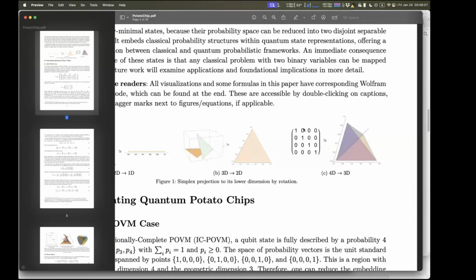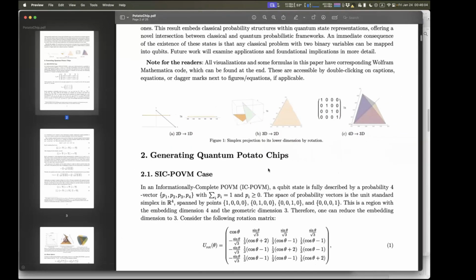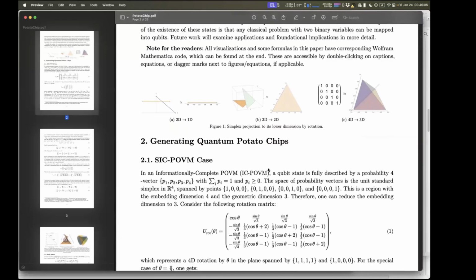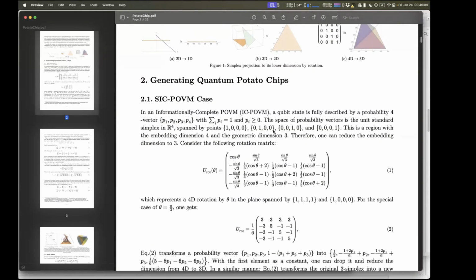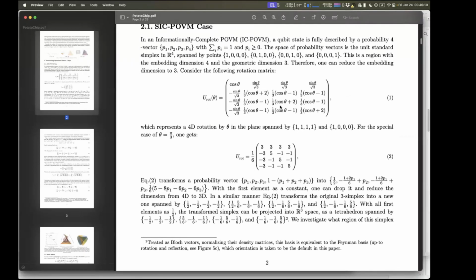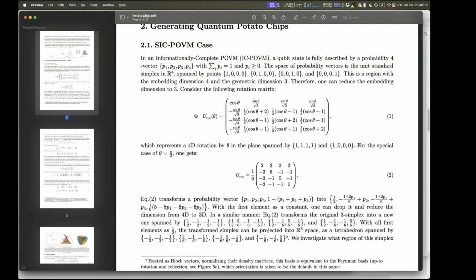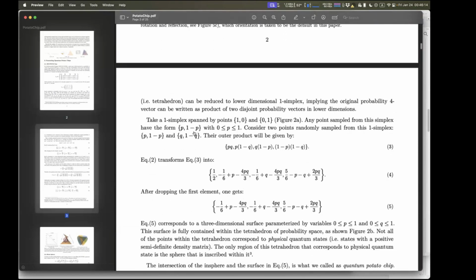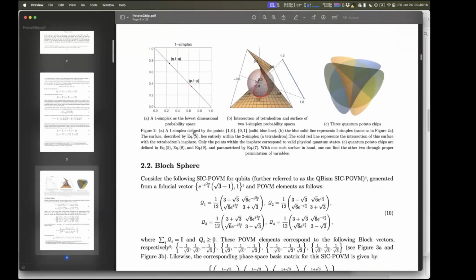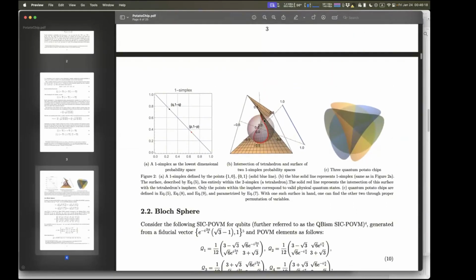And this is the kind of shape that we're going to envelop our Bloch sphere with. And basically we go through this construction of all those rotation operators and so forth, and we basically have a picture like this, right?